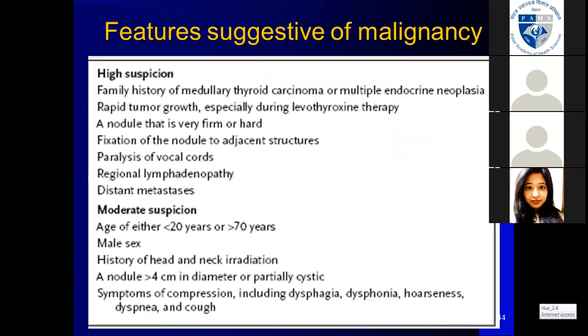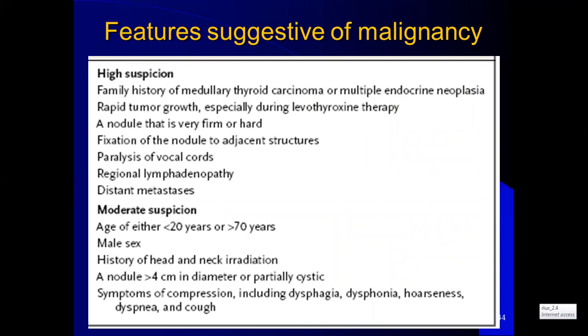On the basis of thyroid swelling, or if there is a thyroid nodule, then there are some features suggestive of malignancy. We have to ask, or rule out these things, like there is higher suspicious history and moderate suspicious history.